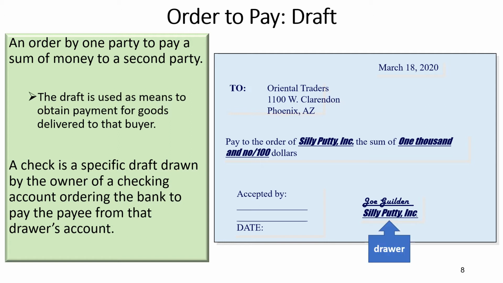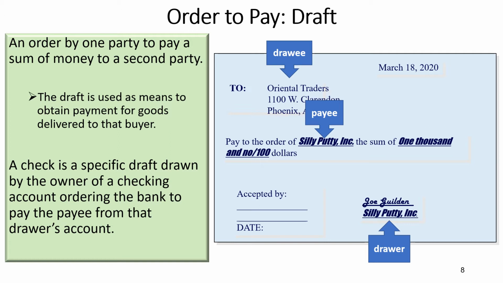The three parties in this instrument are the drawer, the drawee, and the payee. The drawer is the party who is giving the order to be paid. So Silly Putty is telling the drawee, Oriental Traders, release to the payee $1,000.